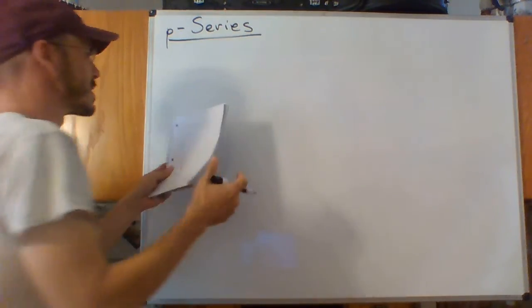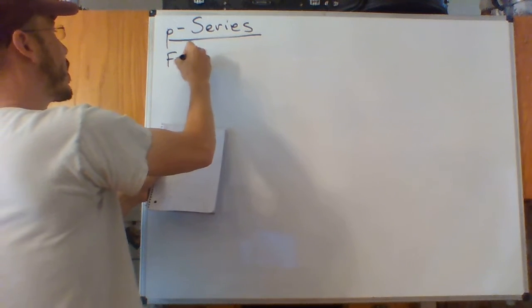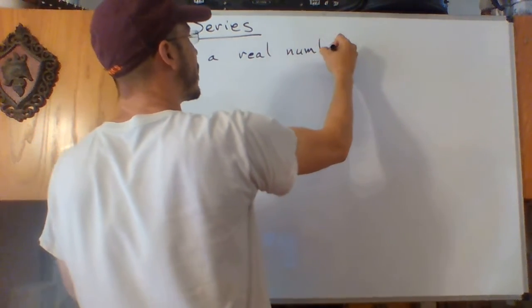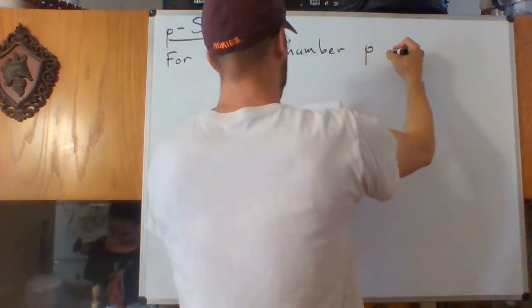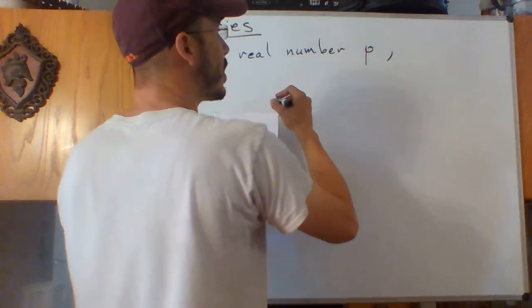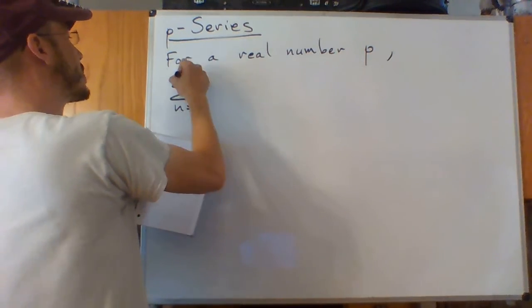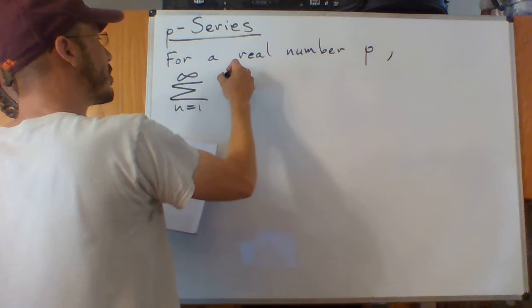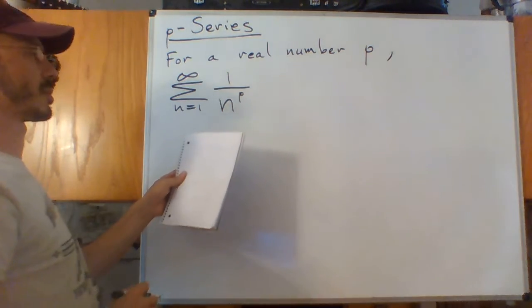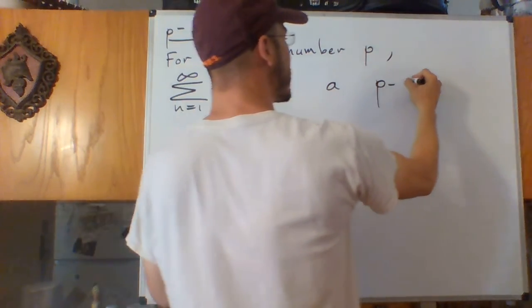First of all, before we get to the p-series test, for a real number p, the sum from n equals 1 to infinity of 1 over n to the p is a p-series.